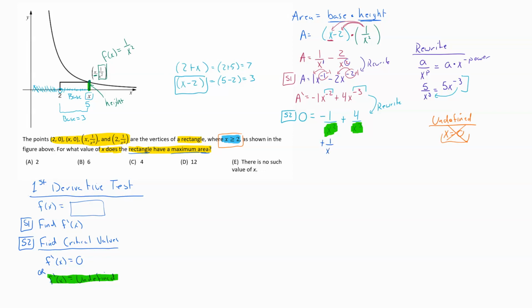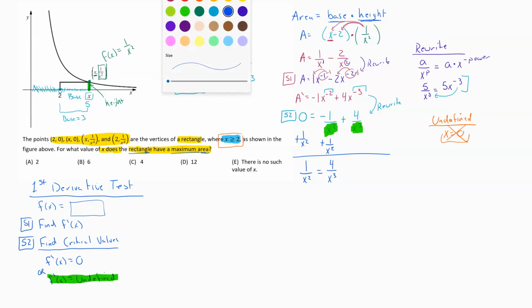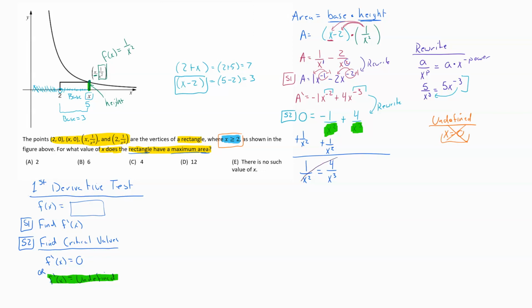So the first thing I'll do is just add this 1 over x squared to the other side. Whenever I can make things positive, it usually makes my algebra a lot easier. So I add that to the other side, and then I get 4 over x to the third. Now what you're looking at is a classic cross multiply game. Whenever you've got two fractions set equal to each other, the easiest way to get through that algebra is to just cross multiply.